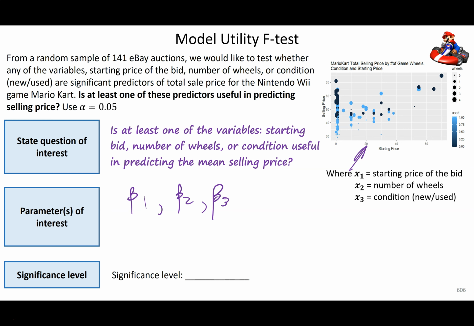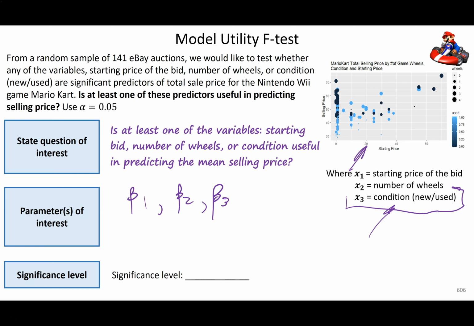So we're interested in: is the starting price useful? Is the number of wheels useful? Is the condition useful? Note that only the condition is really a categorical variable. How many betas are added for a categorical variable gets more complicated, and we do have an explicit example that we go through for indicator variables after this one.